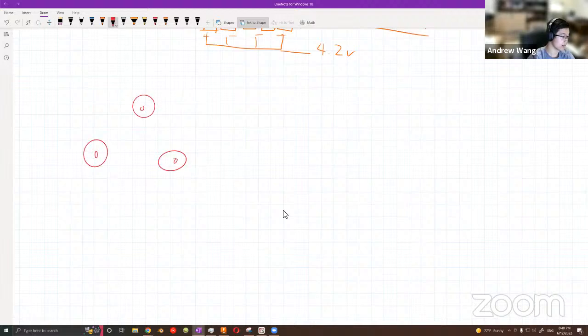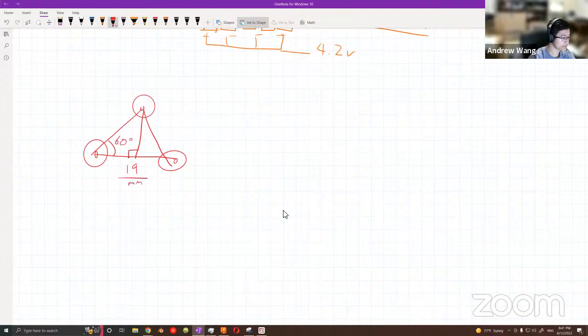We have a triangle in between. And if we know the angle that we have, say this is 30 degrees. Well, it's not 30 degrees, it's 60 degrees. And I have a length of say 19 millimeters between each cell.